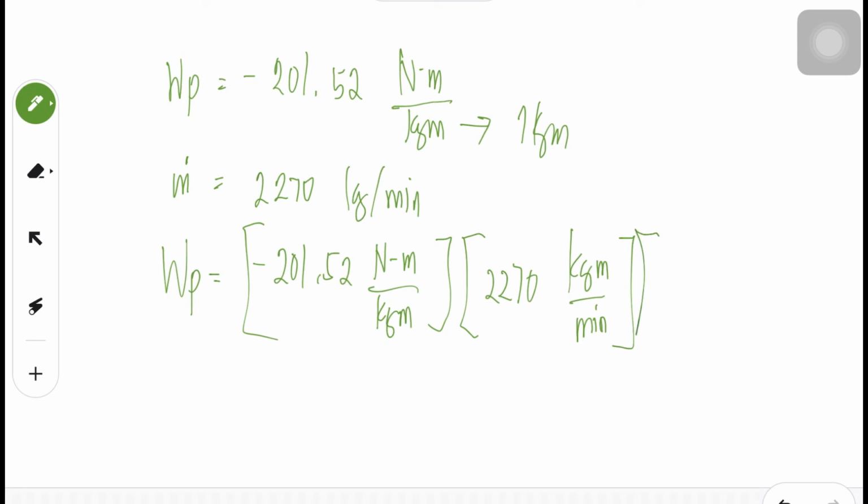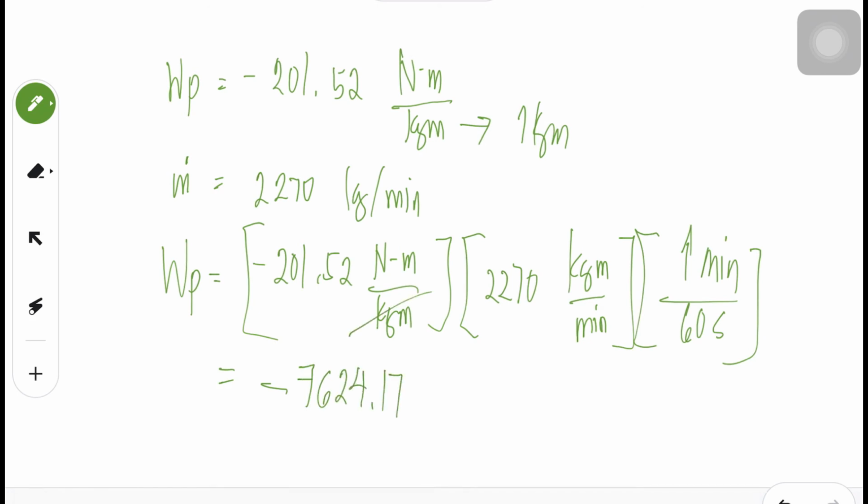So times 1 minute over 60 seconds. So we have now negative 724.1, cancel Newton meter per second. This is joule per second.